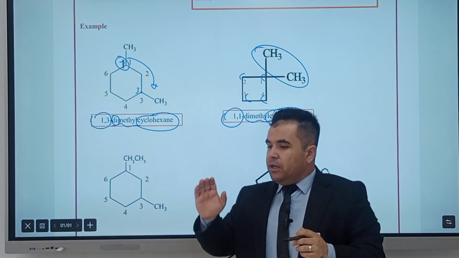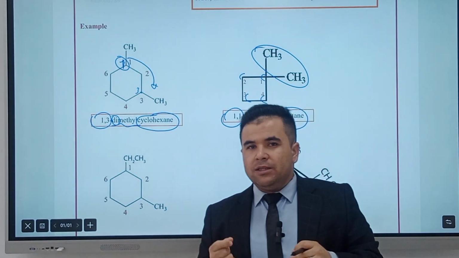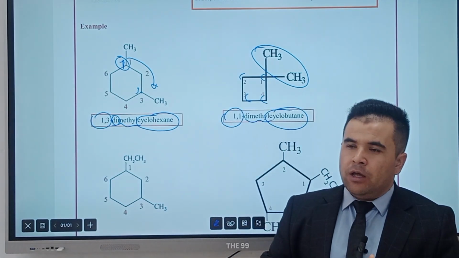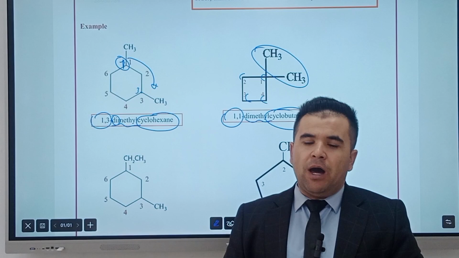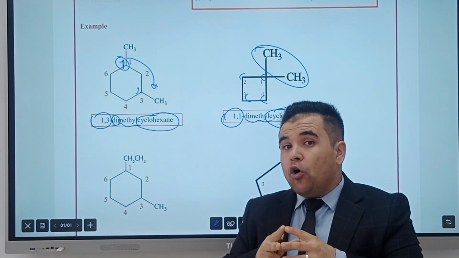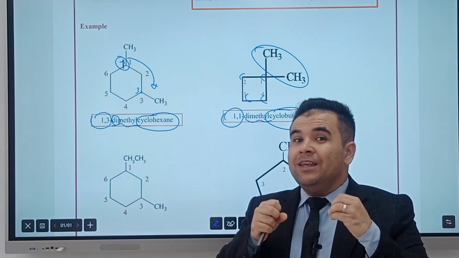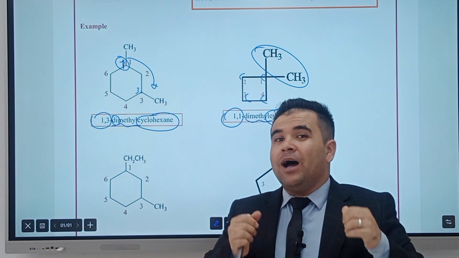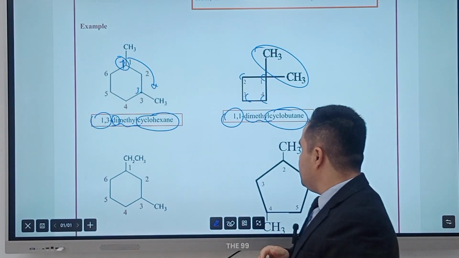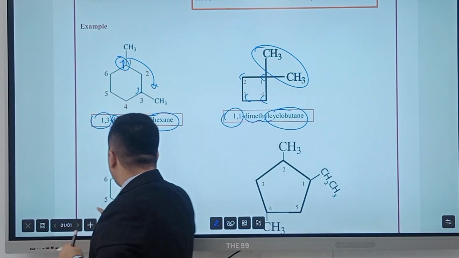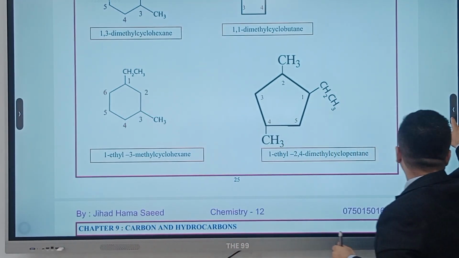The systematic naming is the same as the alkane, but we add only cyclo to the prefix of the parent. Number of the alkyl group, name of the alkyl group, and then name of the parent with the cyclo. Have a look at this example, guys.